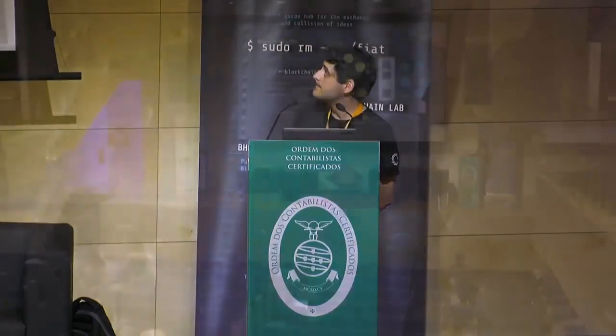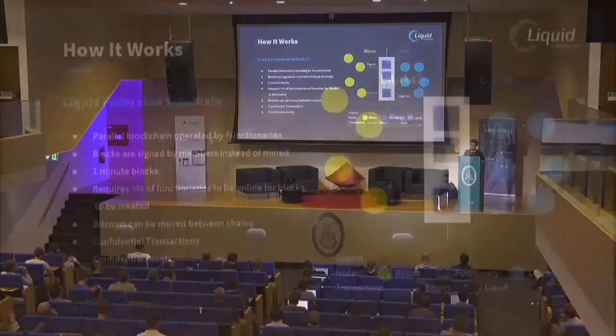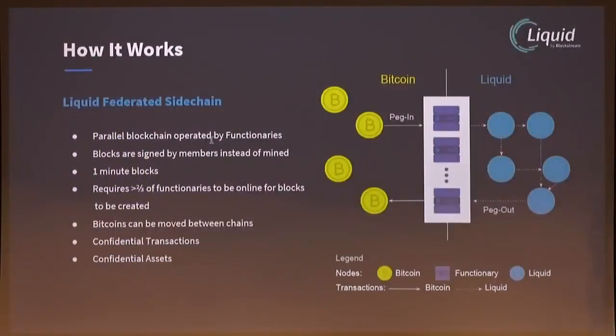A short explanation about how the pegging works. So you send a transaction in the Bitcoin chain to a specific address that is the pegging address, and then when there's some confirmations, you can use that as a proof to create the pegging transaction in the Liquid chain.